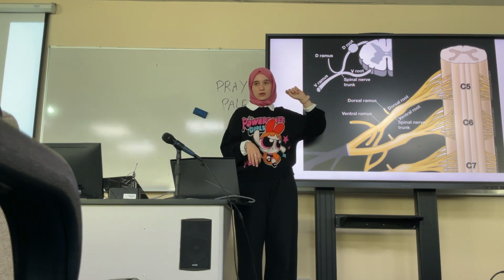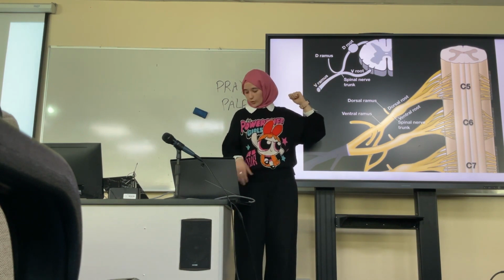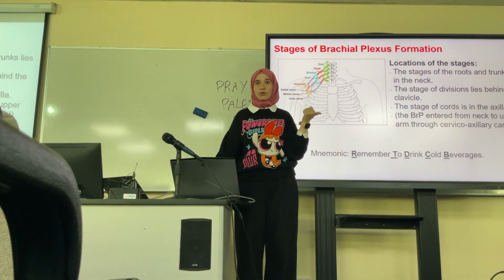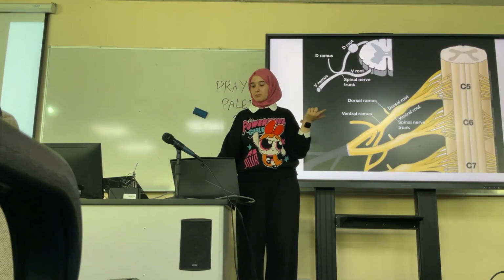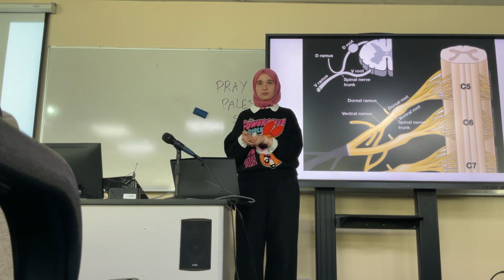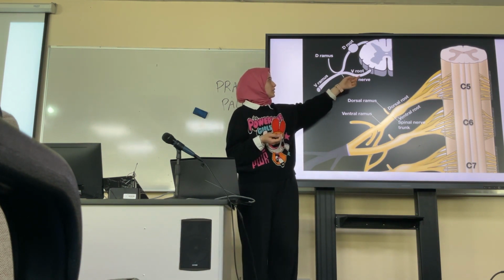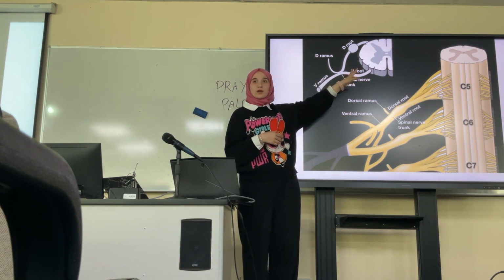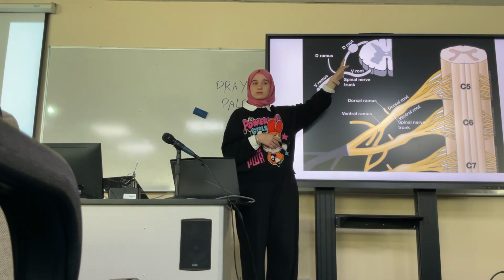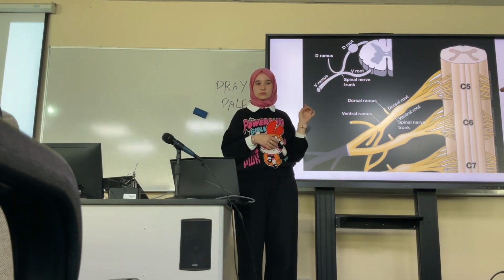So what's happening? You answered me, you told me both motor and sensory. But when we go back to the spinal cord, which is giving the brachial plexus, one root is giving motor and one root is giving sensory. But they join at the spinal nerve.